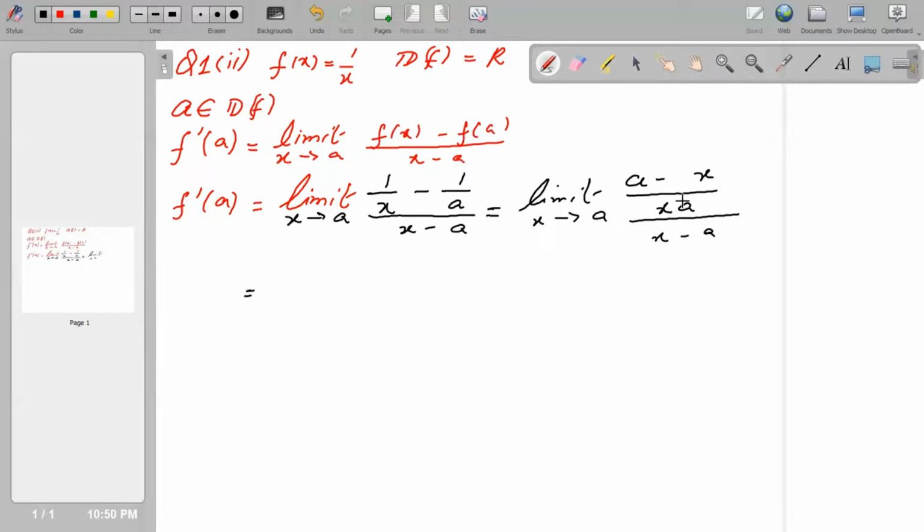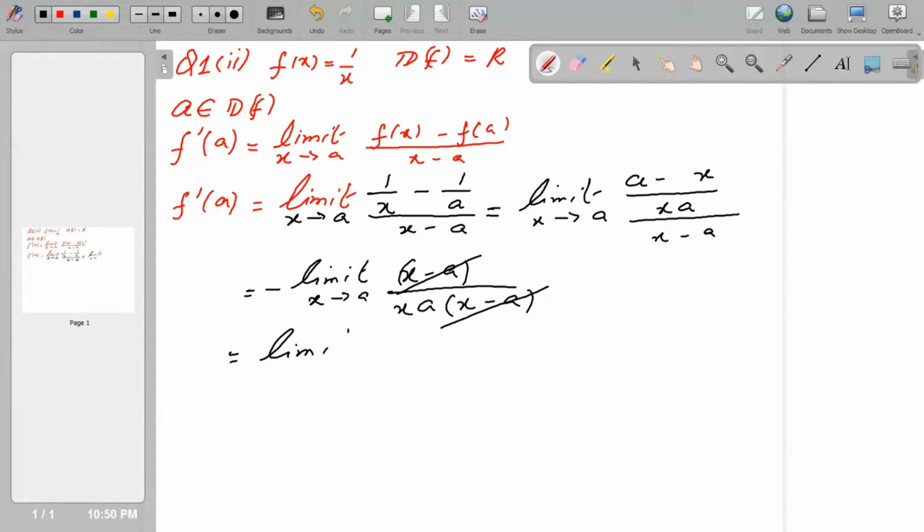If you take the minus sign common from this numerator, we will have minus the limit as x approaches a of x minus a divided by x a multiplied by x minus a. So this x minus a is cancelled out by this x minus a. So we have the limit as x approaches a of 1 upon x a, and here is the minus sign.